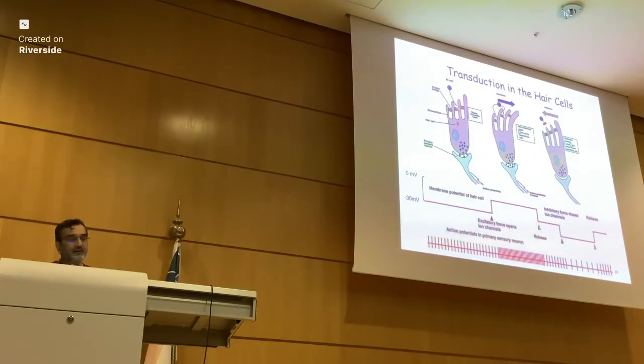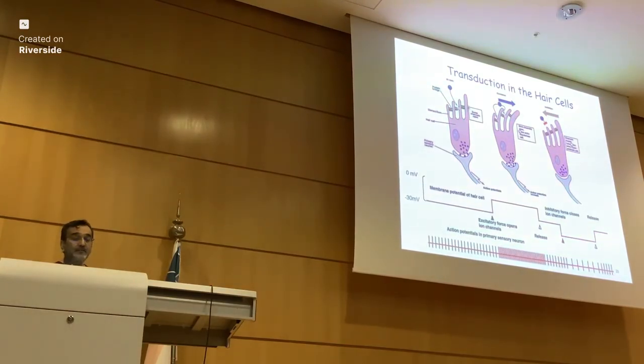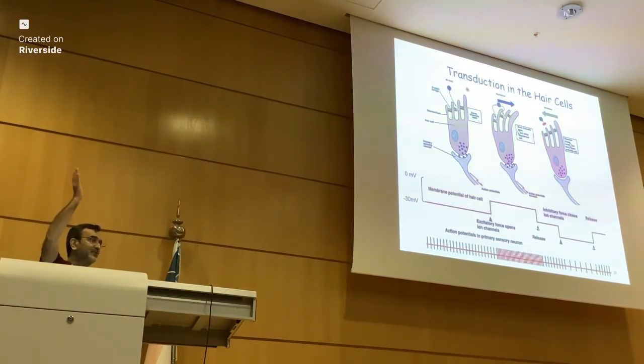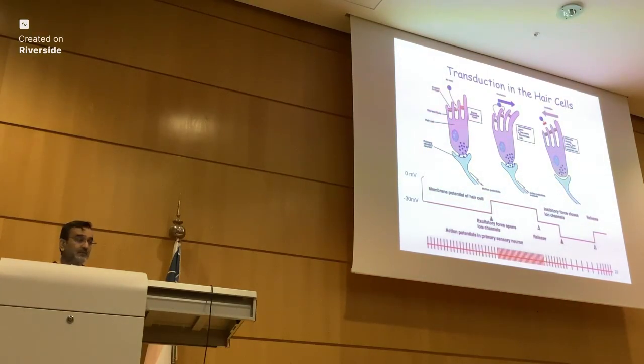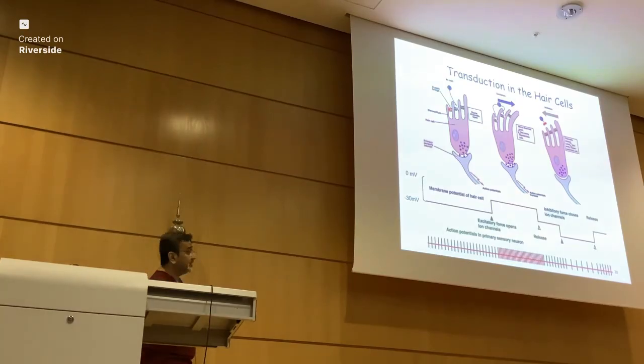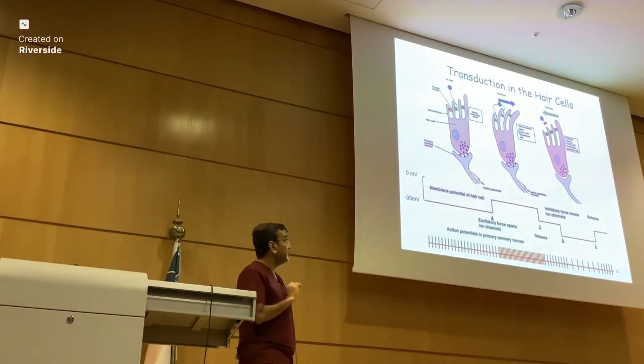If you see the inner hair cells, you have these specialized upper ends which are called stereocilia, and then they have a very long projection which is called the kinocilium. In between them, you have these protein bridges. Can you see these protein bridges? Yes. These protein bridges are called tip links. It's not written here, but they are called tip links.